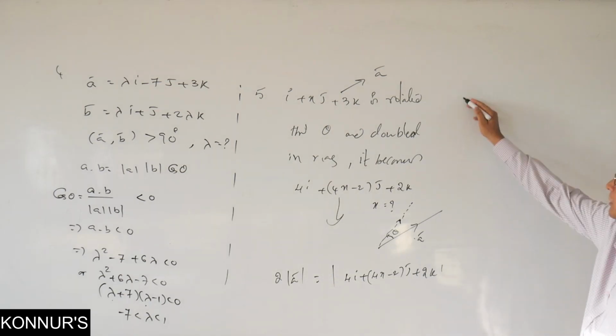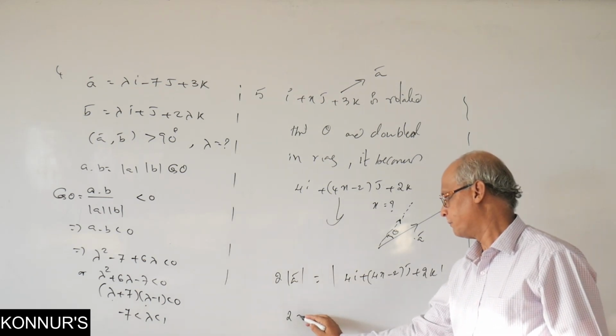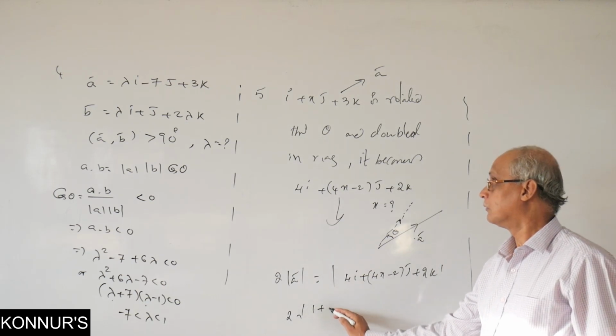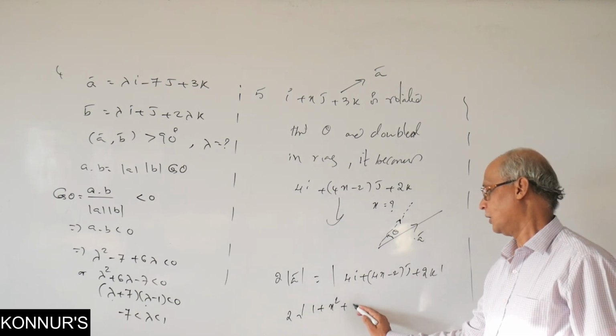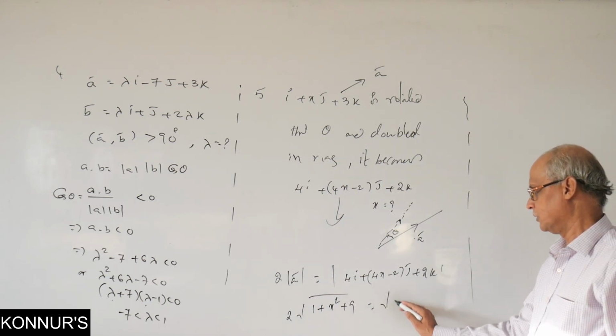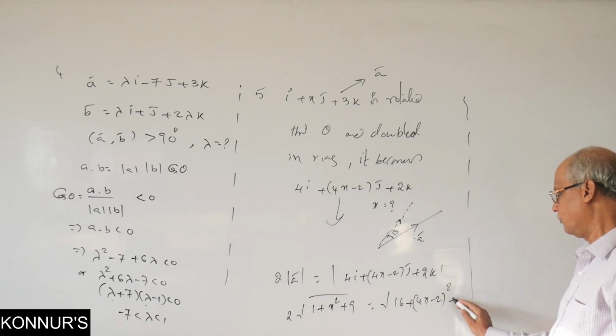Then what is A bar magnitude here? 2 times root of 1 plus x square plus 9 is equal to root of 16 plus 4x minus 2 whole square plus 4.